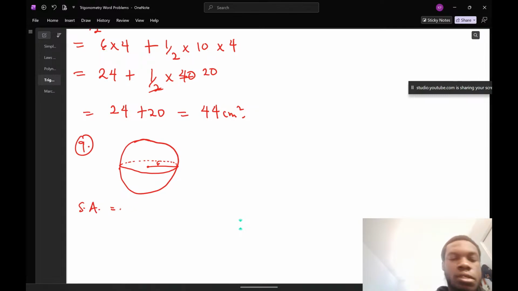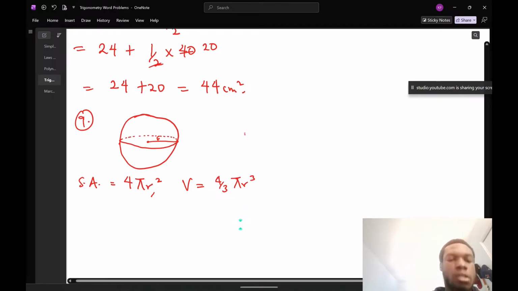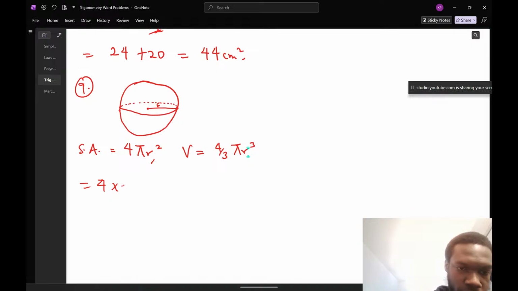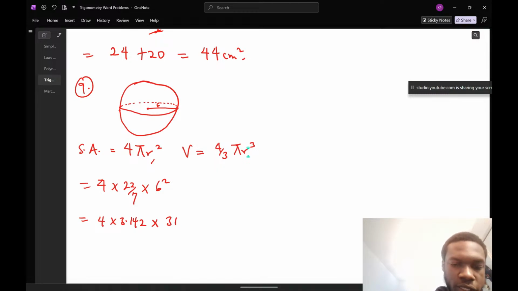So the surface area will be 4 pi r squared. And the volume is going to be 4 over 3 pi r cubed. If you want to find the surface area of this sphere, it will be 4 times 22 over 7, or 3.142, times 6 squared. 6 squared is 36.